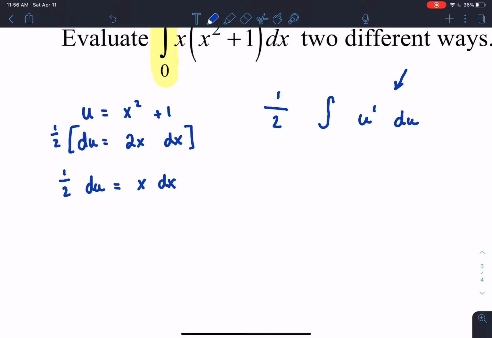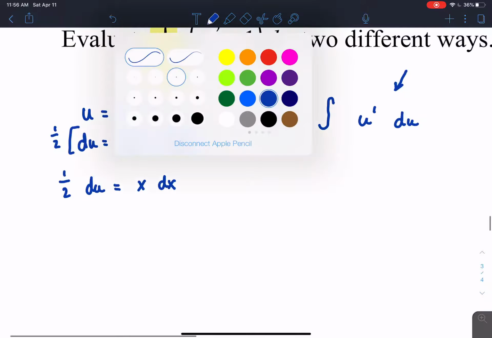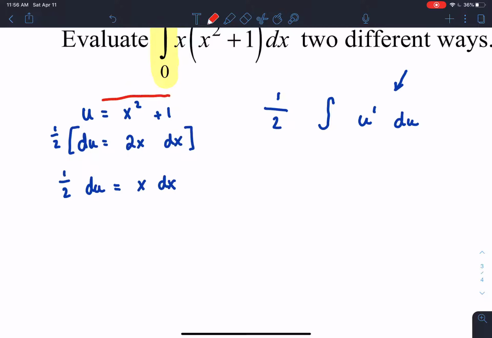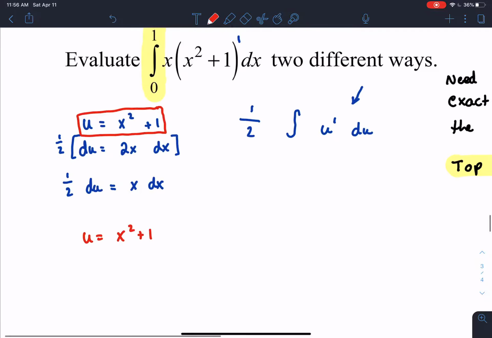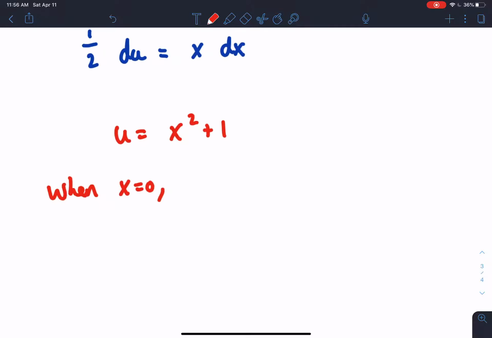From the first part of the problem, you said that u was x squared plus 1, so we're going to use that again. So u equals x squared plus 1. The first limit is when x is 0. When x is 0, you plug that back in here, and that'll tell you how much u should be.